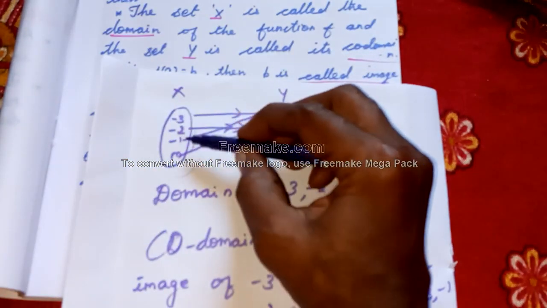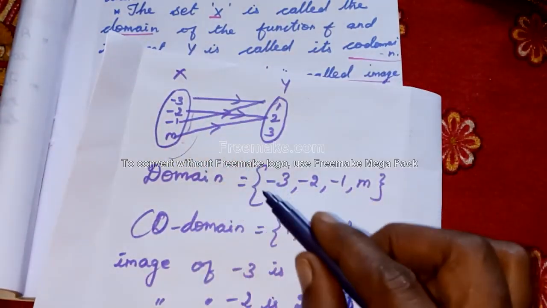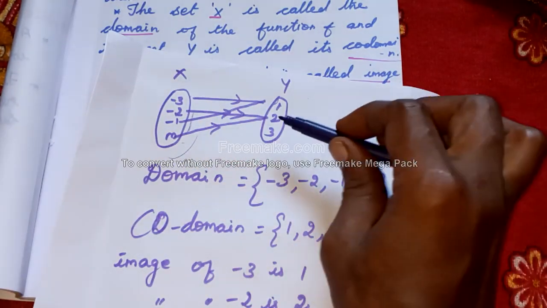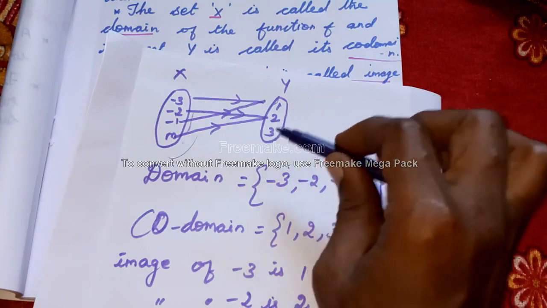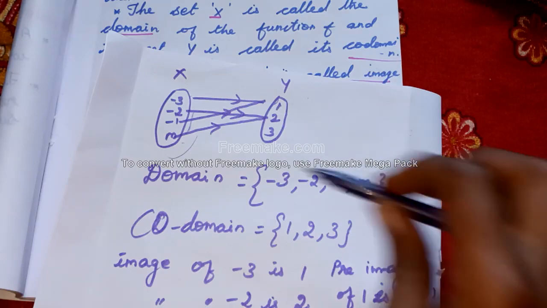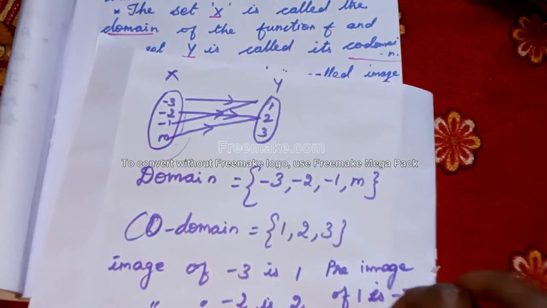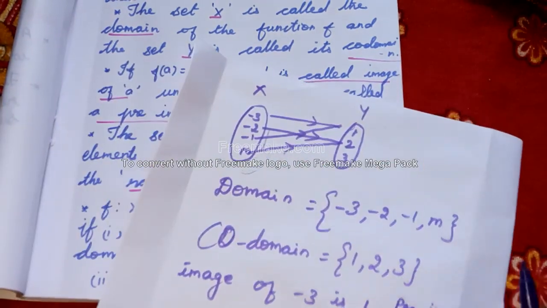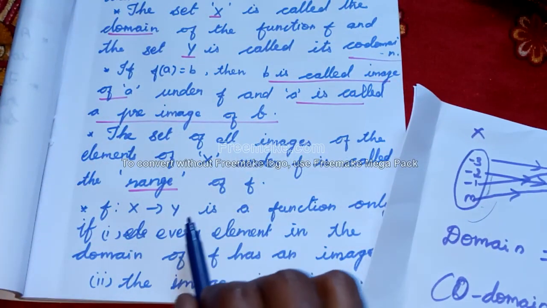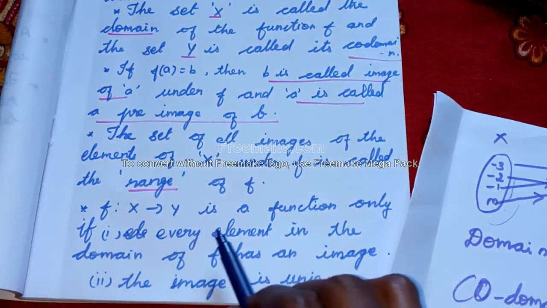The elements in Y that do not have a pre-image is also a function. Every element in X has an image, so it is a function. That is given in the note: f from X to Y is a function only if every element in the domain has an image.